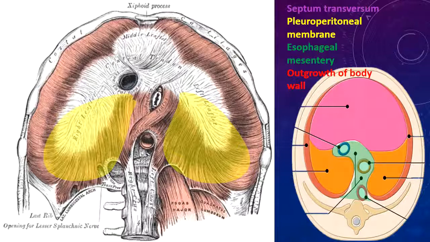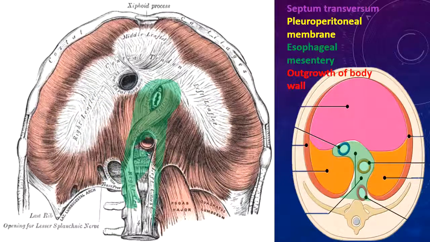Then the crus of the diaphragm is developed from the esophageal mesentery, and the lateralmost portions of the diaphragm are developed from the outgrowth of the body wall. These are the different parts from which the diaphragm is developed.